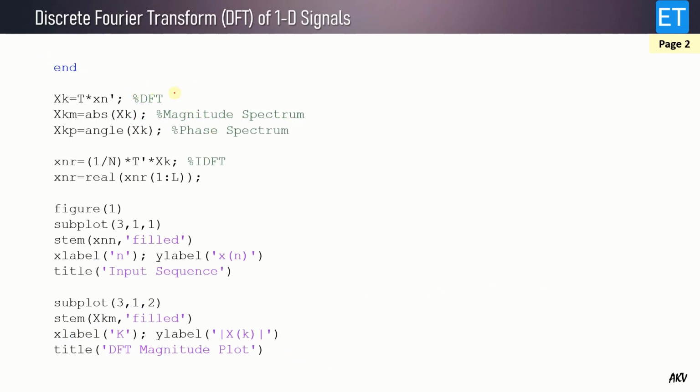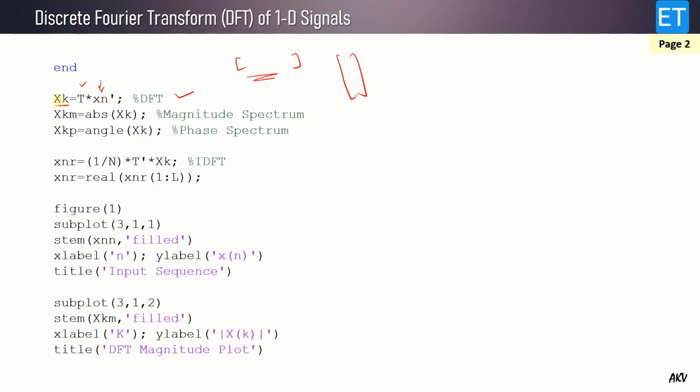Here I am finding the DFT because T is already computed and this is my signal, and here I have transposed xn, xn dash, transpose, because I have entered xn as the row vector, but I need the column vector so that matrix multiplication is possible. That's why it is xn dash.